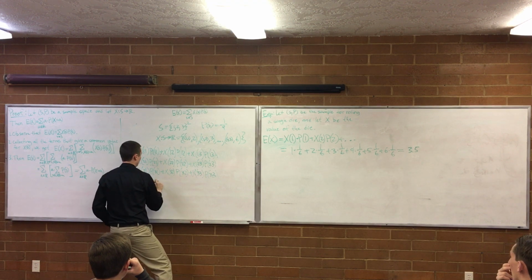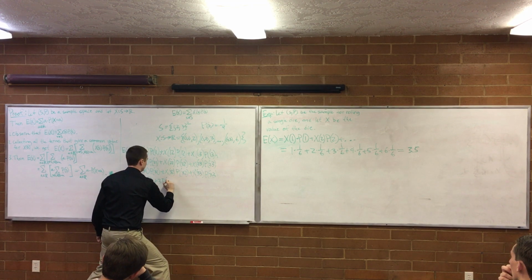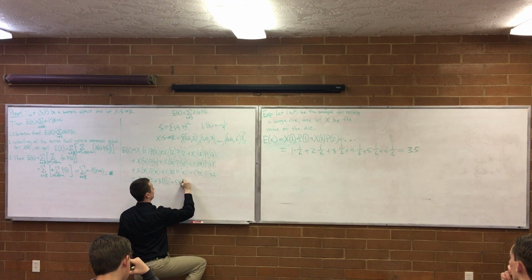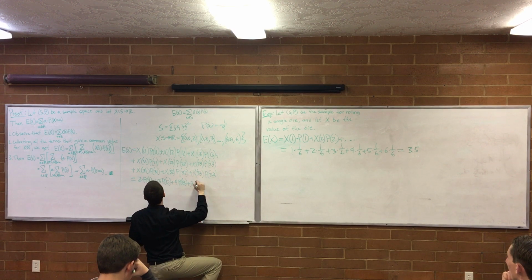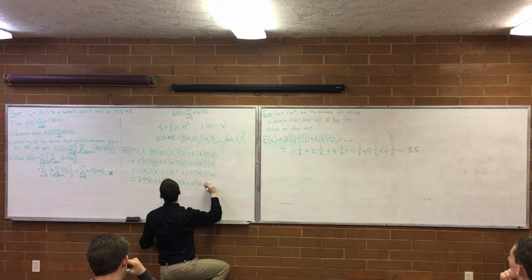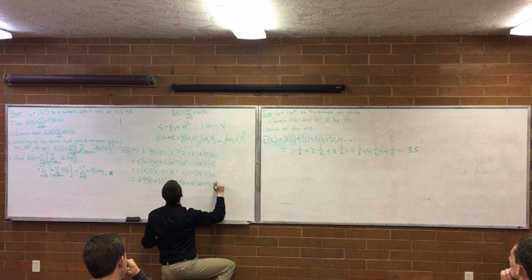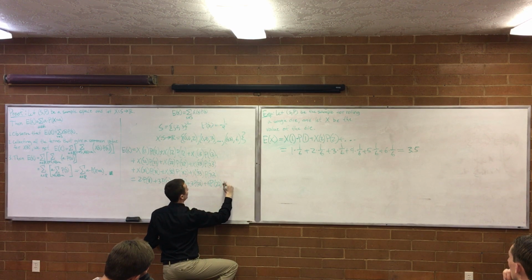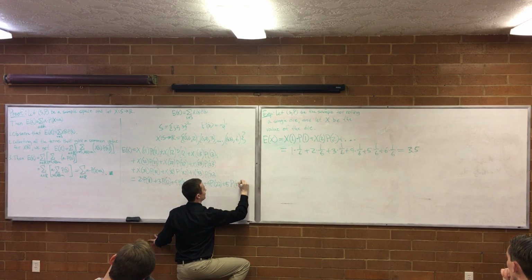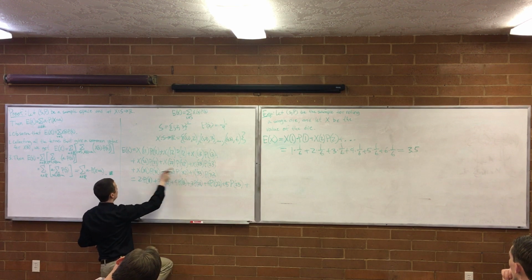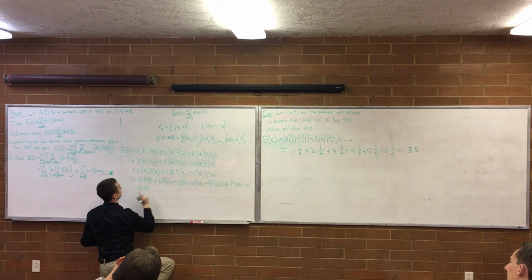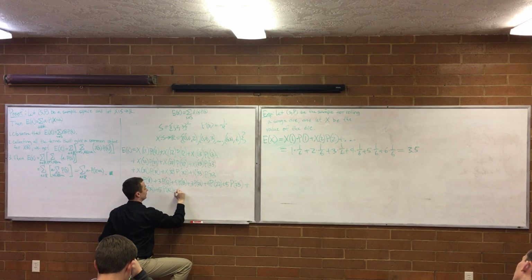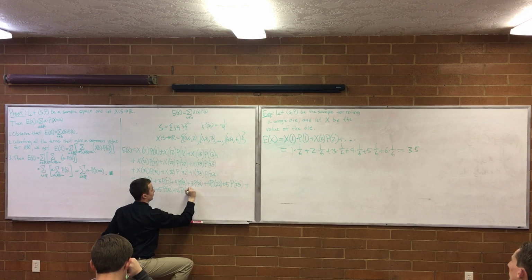So, plus 3 times the probability of 1, 2, plus 4 times the probability of 1, 3, plus 3 times the probability of 2, 1, plus 4 times the probability of 2, 2, plus 5 times the probability of 2, 3, plus 4 times the probability of 3, 1, plus 5 times the probability of 3, 2, plus 6 times the probability of 3, 3.